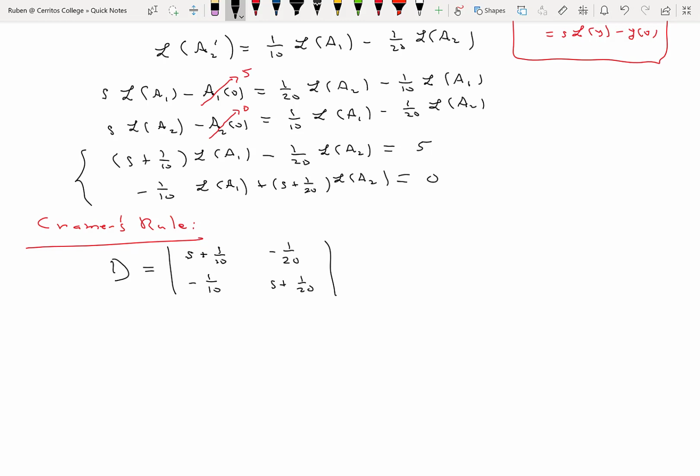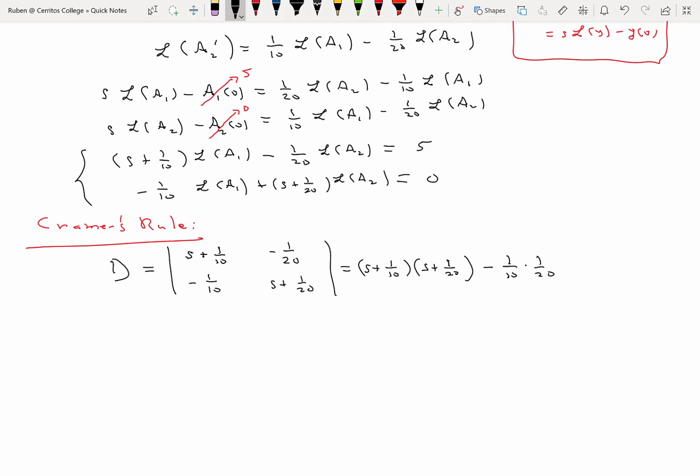Okay, I'm going to compute that determinant. That determinant is s plus 1/10 times s plus 1/20, minus 1/10 times 1/20.